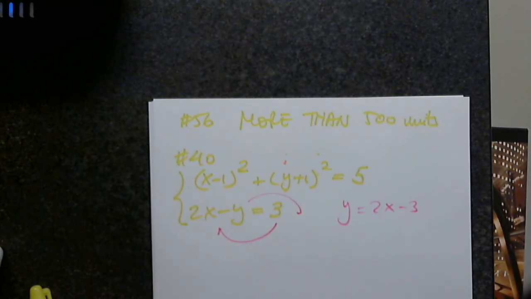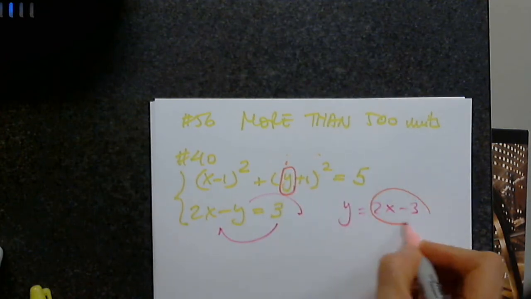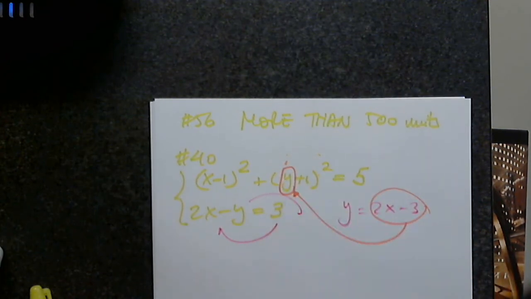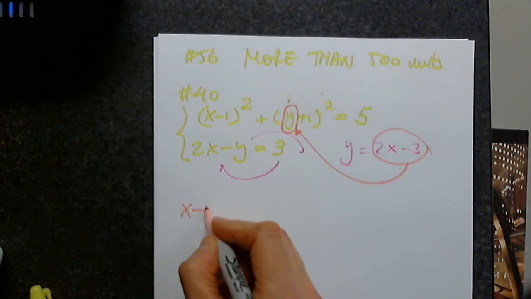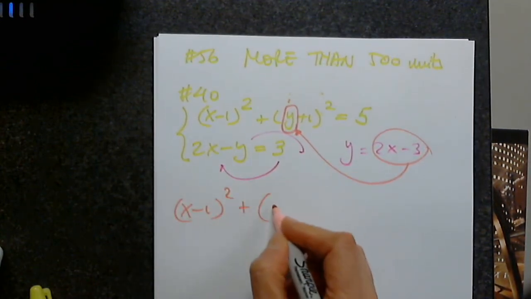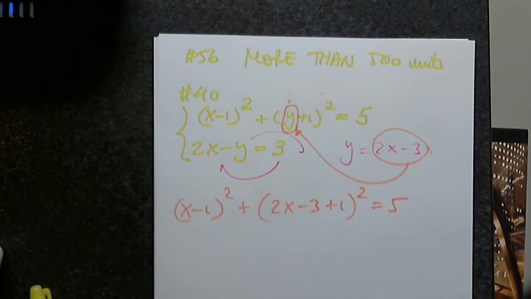Okay, so if that's the case, what do I do now? Plug it in. So in this equation, I will replace y by 2x minus 3, and I copy everything else: x minus 1 squared plus 2x minus 3 plus 1 squared equals 5. Then, now what?